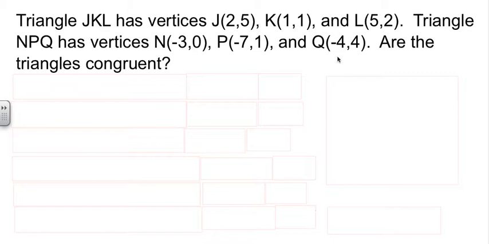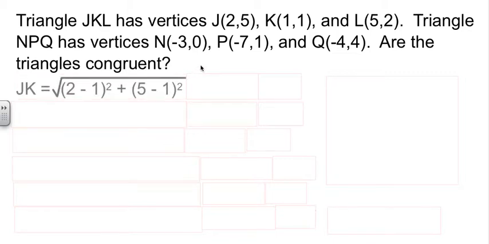Well, the only weapon we have right now is we need to have congruent sets of sides. How do we find the lengths of the sides? Hopefully, I just heard you say, use the distance formula. So we're going to use the distance formula a bunch. Yes, I know. Get over it. Okay, you're going to have to work through it. There's just no way around it.